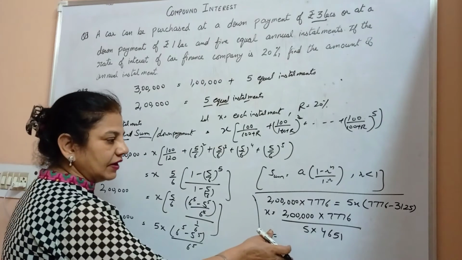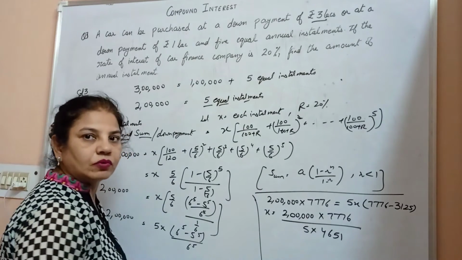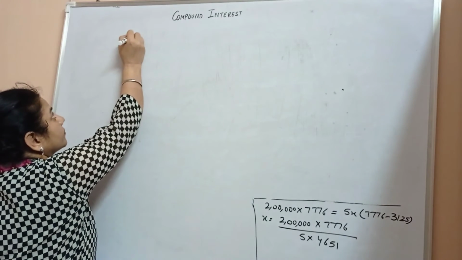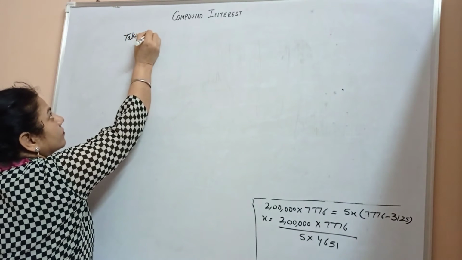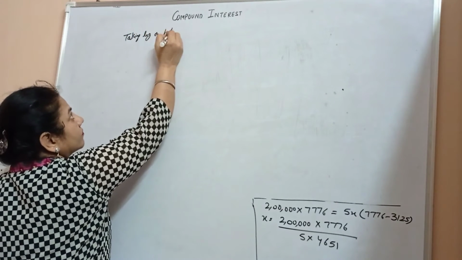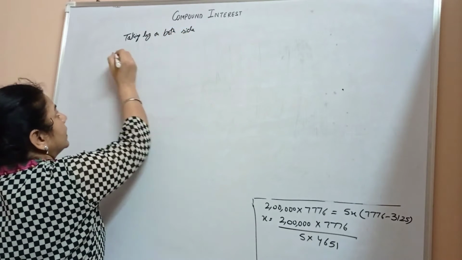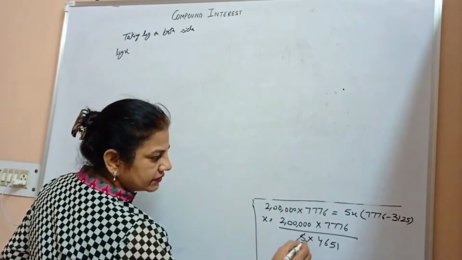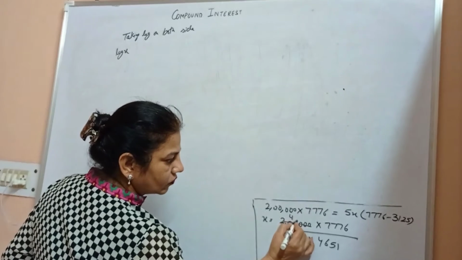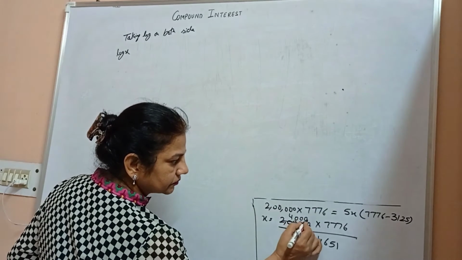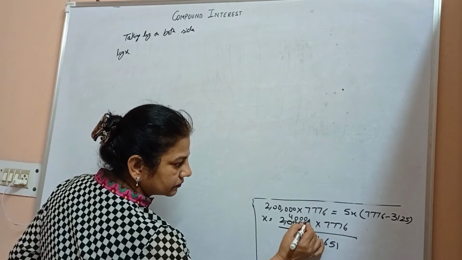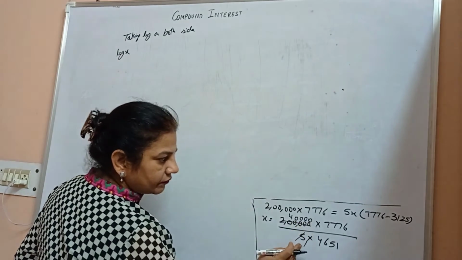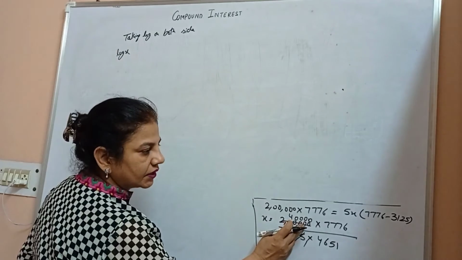To calculate the value of x, we take the log on both sides. Taking log on both sides, we get log x. Here we get 5 ones are 5 and 40,000.